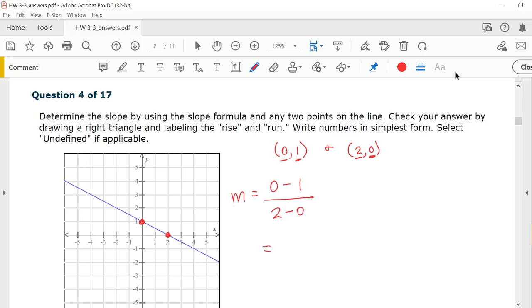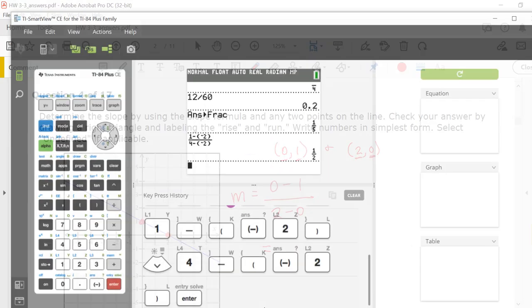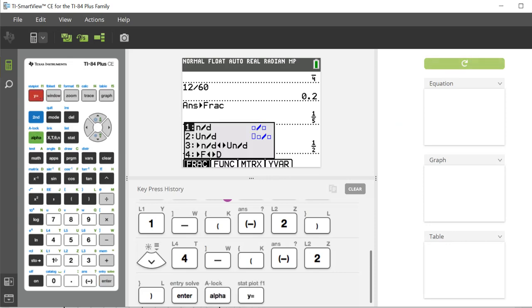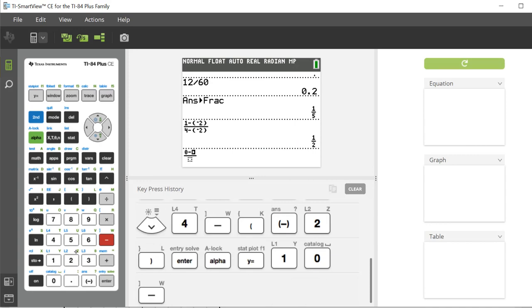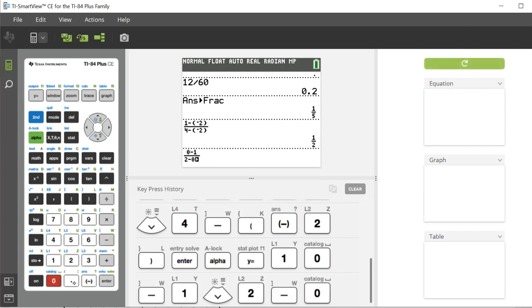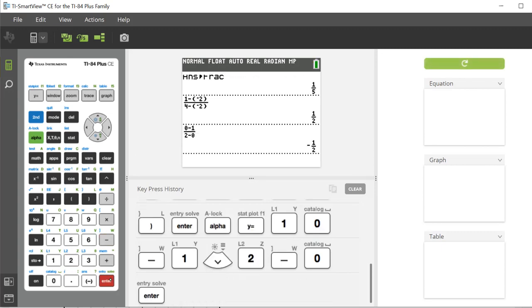On my calculator, if I do a fraction, I want to do 0 minus 1 over 2 minus 0. I get negative 1/2.